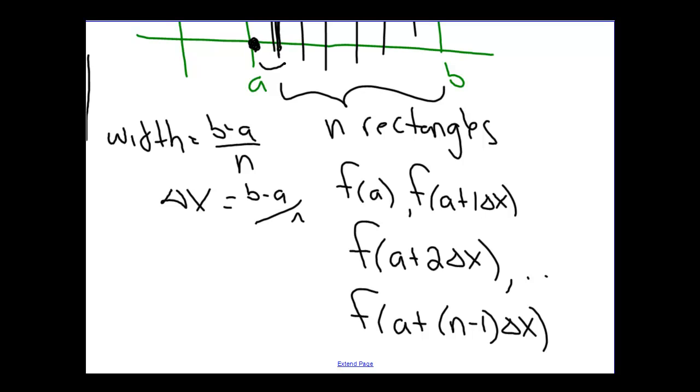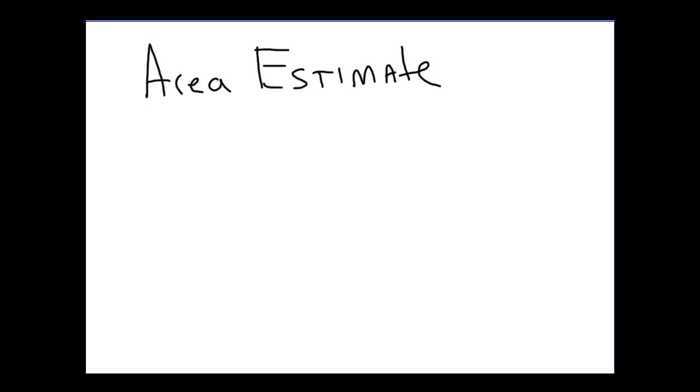And so what we need to do is sum all of these up. To do that, we're going to use some summation notation. So our area estimate is going to be the sum from, let's call it k, equal to 1 all the way up to n.